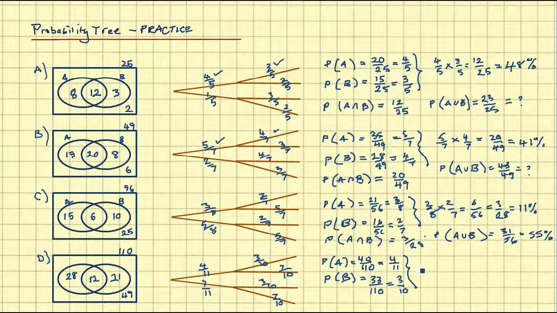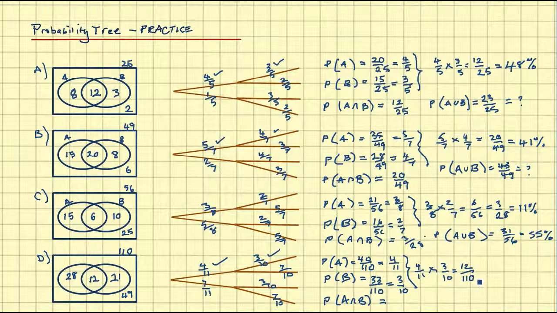Okay. So to get my probability of A and B, all I've got to do is multiply these together. So it's this branch and this branch, 4/11 times 3/10. Well, that gives me 12 over 110.